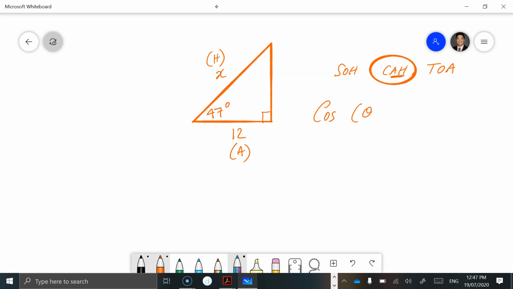Cosine of theta is equal to the adjacent over the hypotenuse. Cosine of 47 is equal to the adjacent, which is 12, over the hypotenuse, which is X.